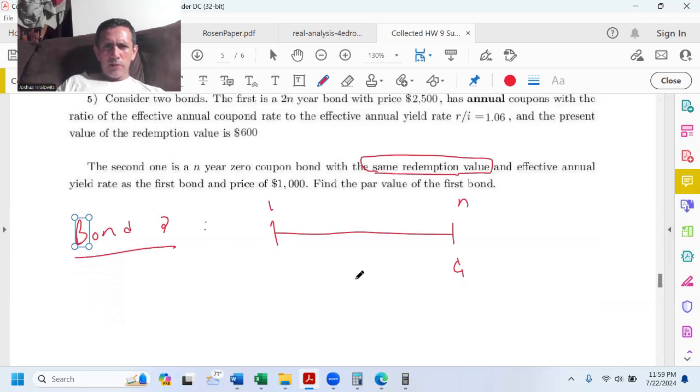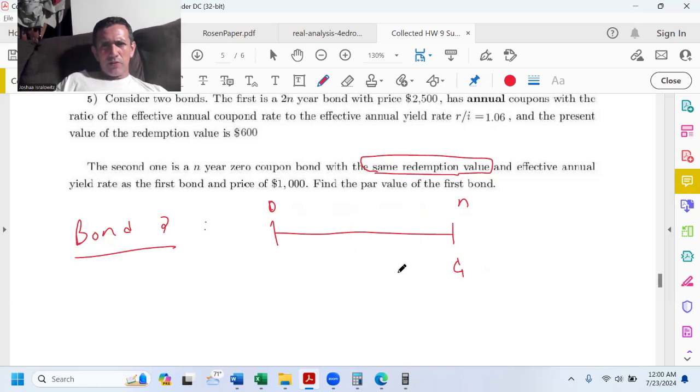After N years, nothing. There are no coupons. Or if you want to think of it, your coupon rate is 0, so you get 0 coupons. It's kind of silly to write zeros here, since you're not getting anything, but you can think of it like that if you want.